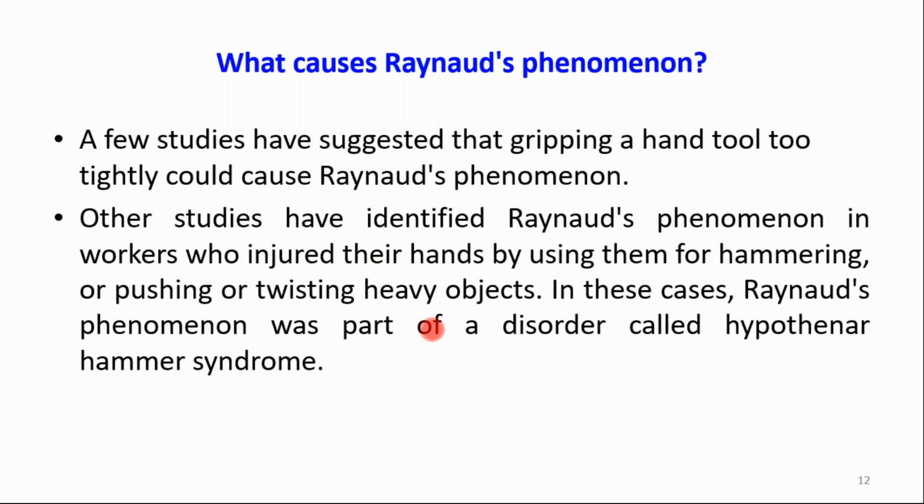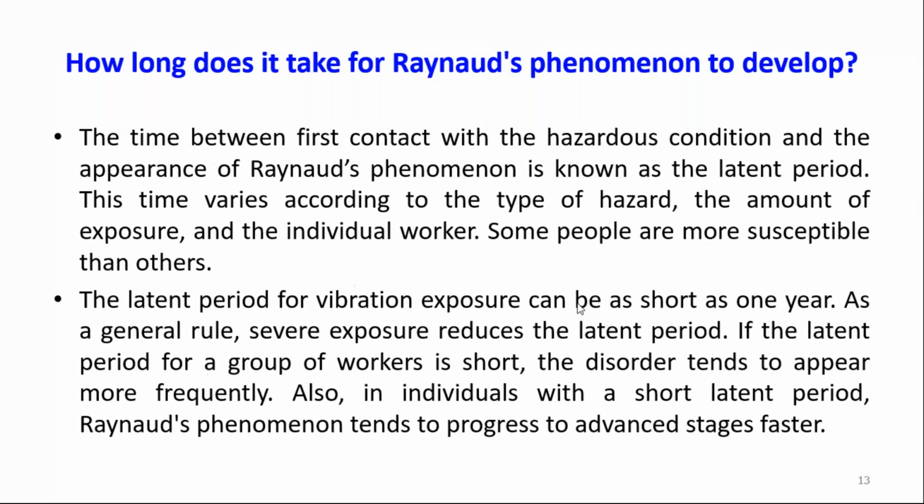In these cases, Raynaud's phenomena was part of a disorder called hypothenar or hammer syndrome. So that may be one of the causes. These are the different causes where Raynaud's phenomena may occur.